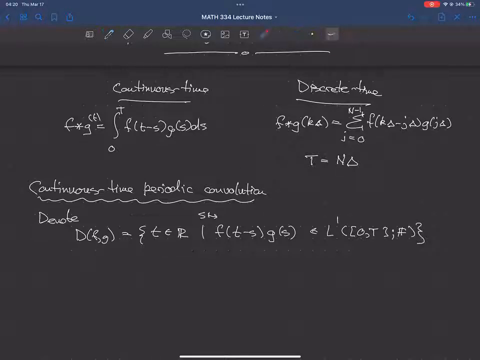So as a function of s, it's in L1, but only over a period, whereas in the aperiodic case, we asked for it to be in L1 of all of R.